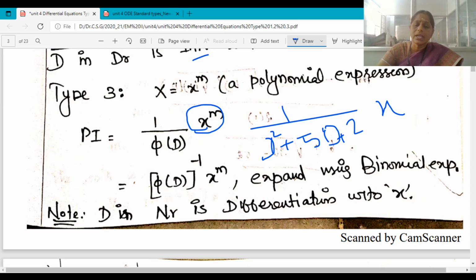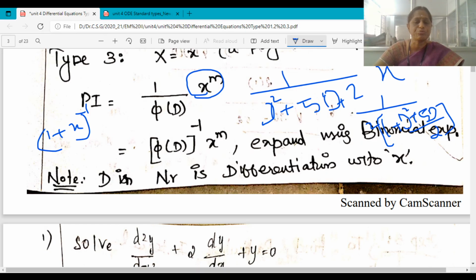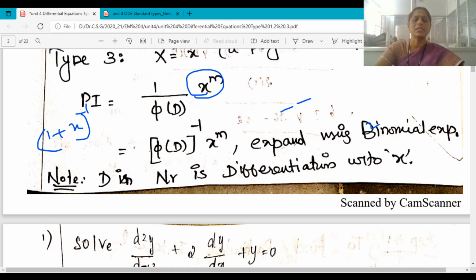You take 2 outside, so it is 1 by 2 into [1 + (D² + 5D)/2] to the power minus 1 into x, and expand using the formulas for (1 + x)^−1, (1 + x)^−2, (1 − x)^−1 and (1 − x)^−2, that is, the binomial expansion. Also note that D in the numerator is nothing but the differentiation of the function with respect to x.